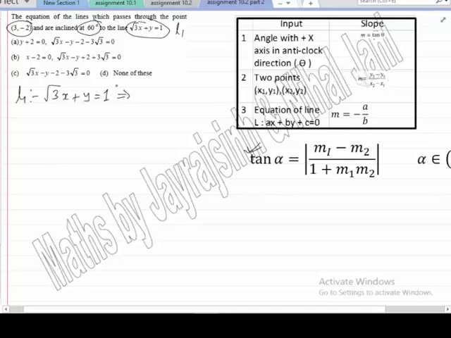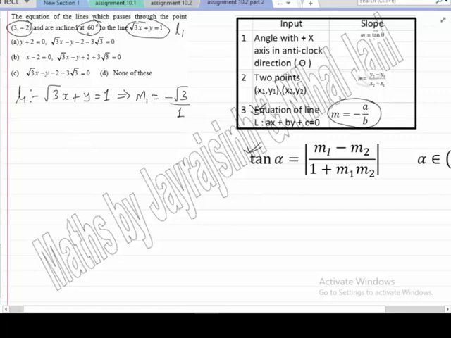So from the equation of line, we can find out the slope of the line L1, right? Let's call it M1: minus coefficient of x upon coefficient of y. Coefficient of x is root 3 and coefficient of y is 1. The slope of the line L1 is minus root 3. Okay.